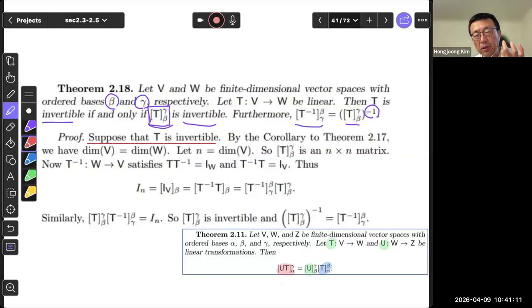So that is the conclusion from theorem 2.11, and this theorem is used quite often to prove certain identities or certain formulas.